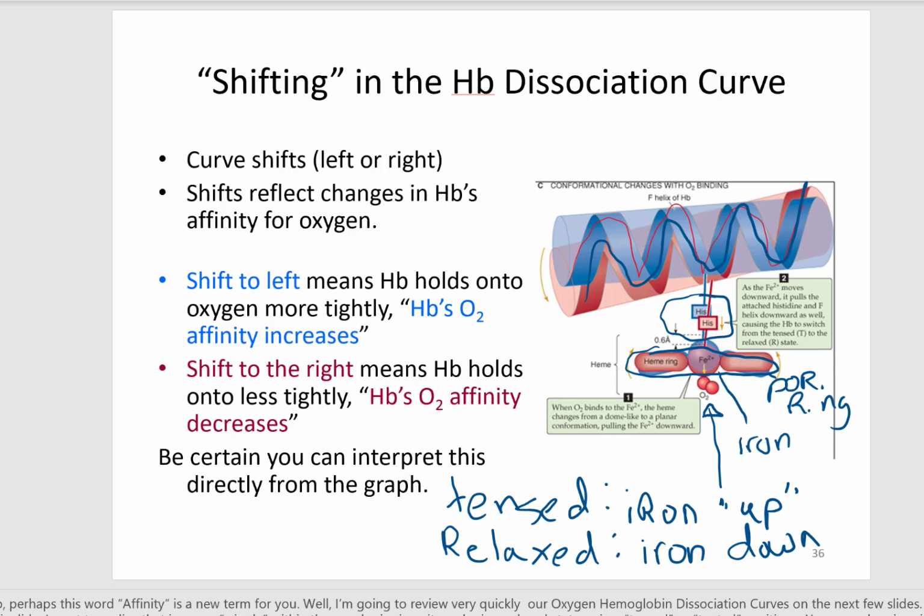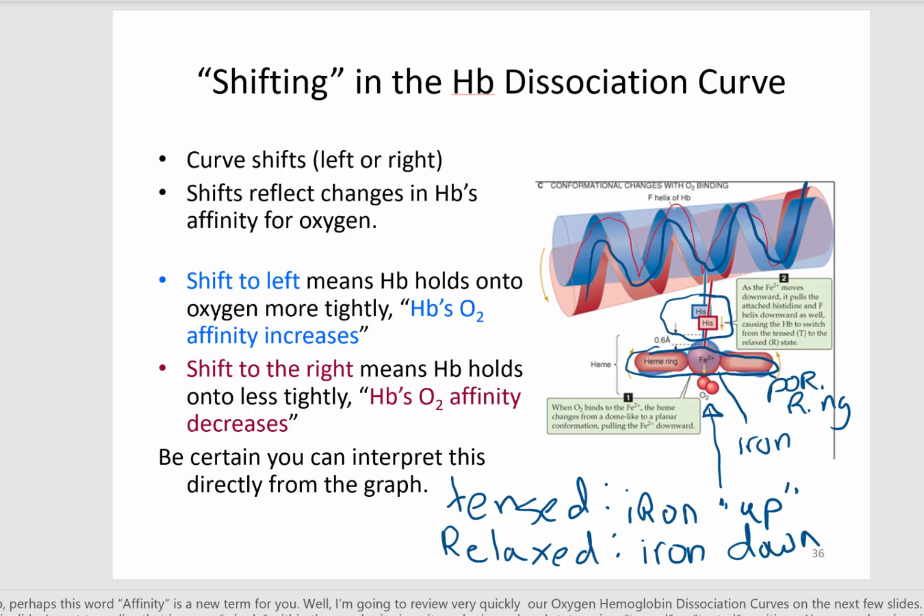And if iron is in the tensed position versus relaxed position, as the iron moves downwards, it pulls the attached histidine and the helix downward as well. This causes hemoglobin to switch from the tensed to the relaxed state.